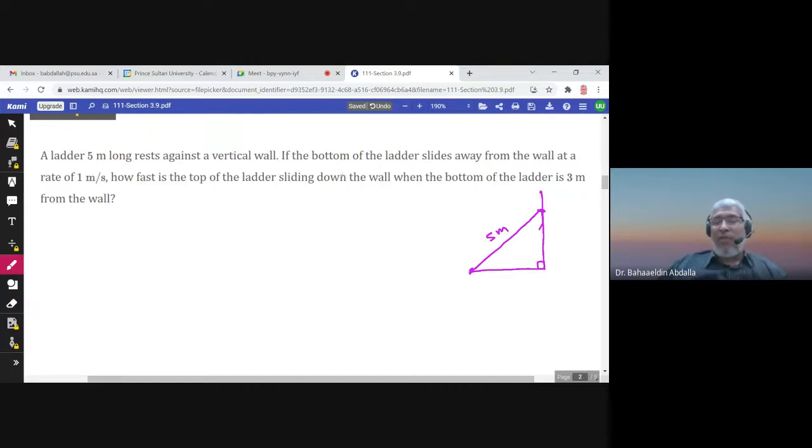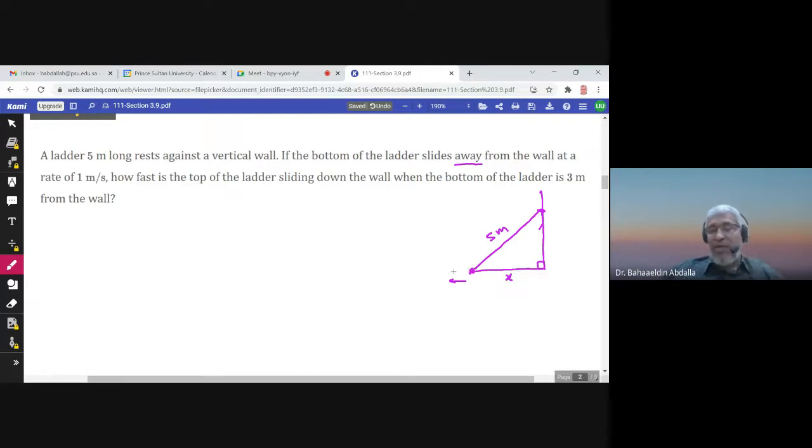Okay, if the bottom of the ladder, this one, slides away, it starts moving away from the wall. All right. So what is changing here? If we call the distance between the bottom of the ladder and the wall x, then x is changing. When the ladder is here, this is the distance.